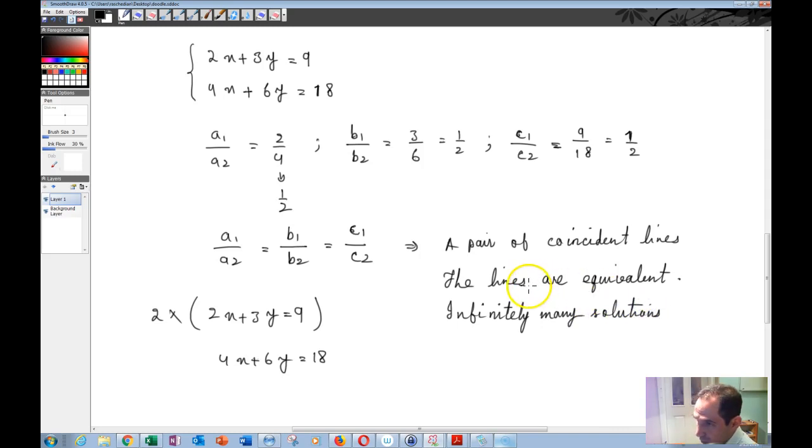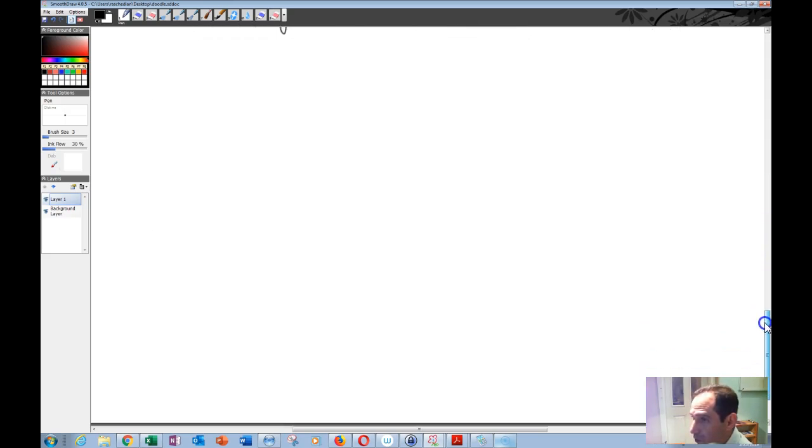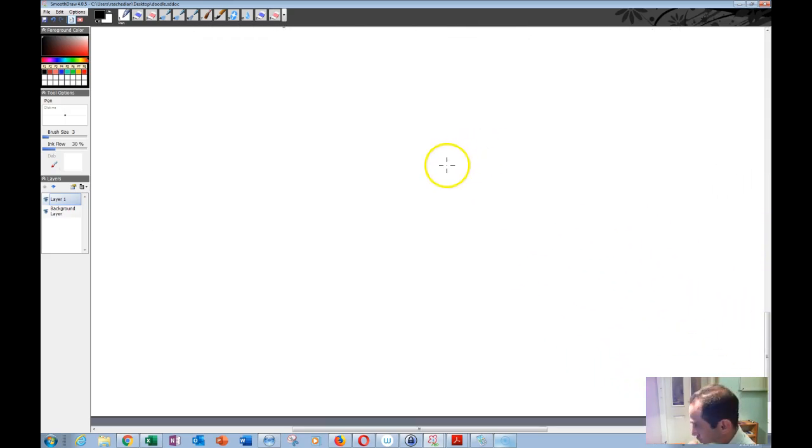Okay, so now let's try to solve this problem and see what happens if we use the method of substitution here. So you have 2x plus 3y is equal to 9, and you have 4x plus 6y is equal to 18, and this is your pair of equations.